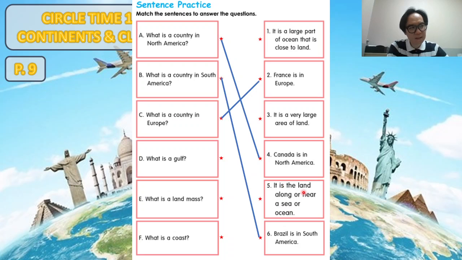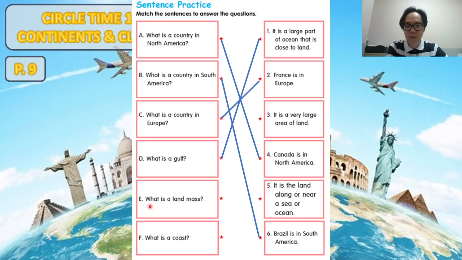Is this telling us about the land or the sea? It's telling us about the land. So, is the gulf the land? Nope. It's a part of ocean. So, we know that D is number 1.